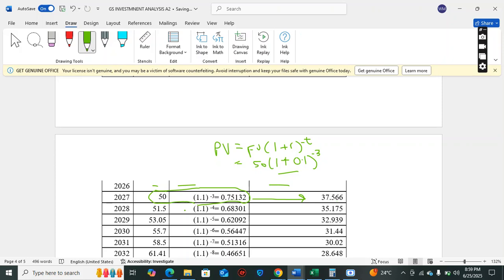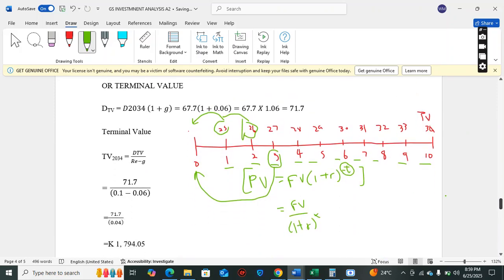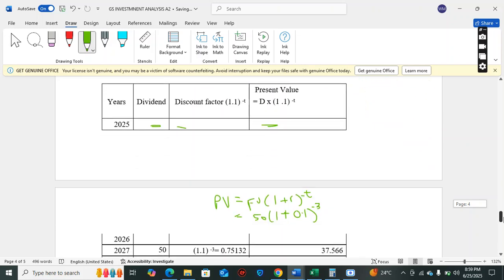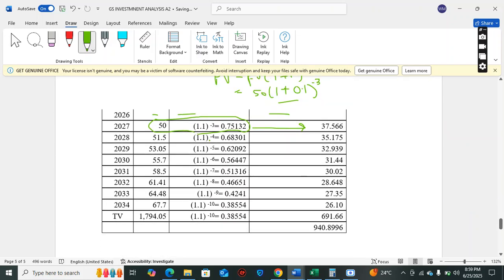You come to the year 2028. Okay, we go back to our number line. 2028 is 4 years from 2024, so it's to the power negative 4. As you can see here, 51.5 times 1.1 to the power negative 4 gives 35.175.